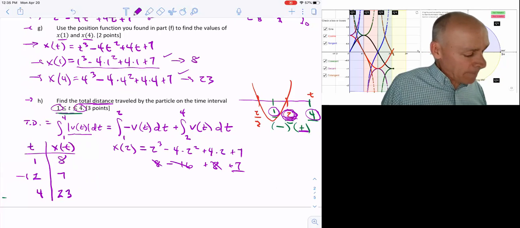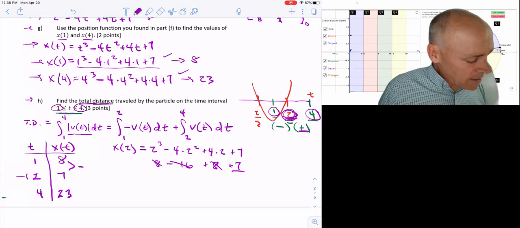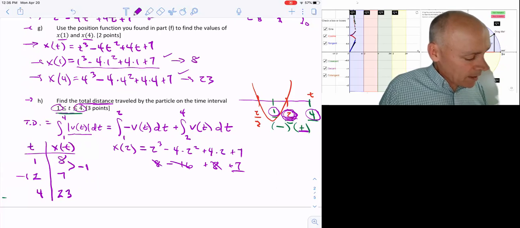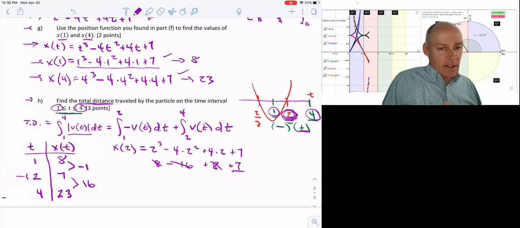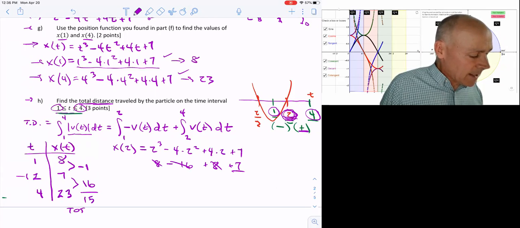Now I can look at the change in position. From 8 to 7, that's a decrease of 1. And from 7 to 23, that's an increase of 16. If I just combine those two, that's 15, but that's the displacement.